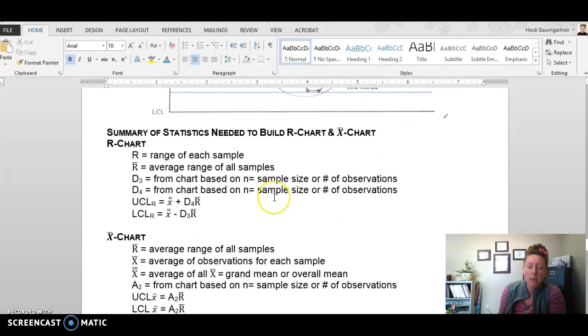In summary, the statistics needed to build the R chart and X bar chart. For the R chart, you need R, where the range is equal to the range of each sample. The R bar is the average range of all samples. D3 and D4 are constants based on the sample size.